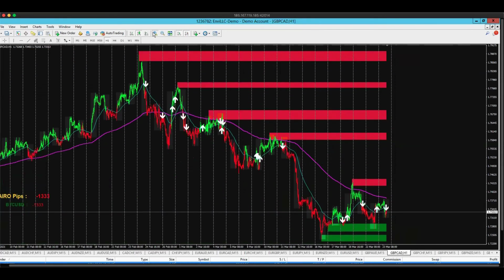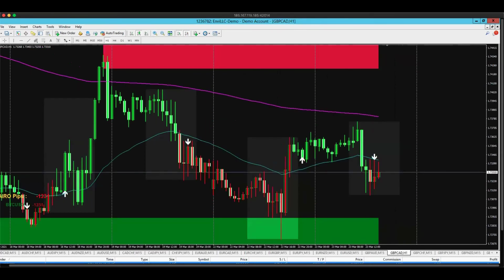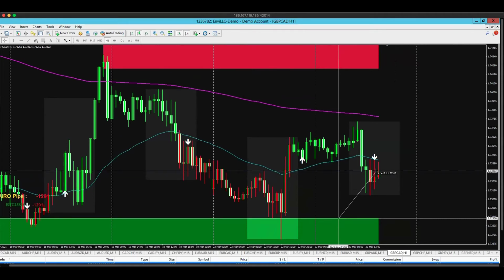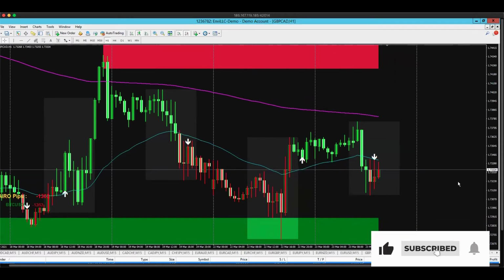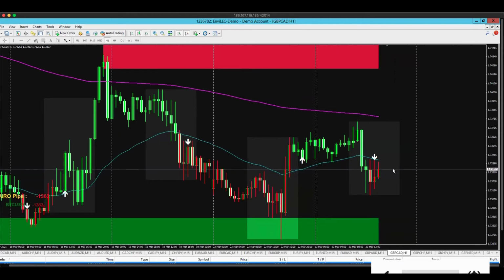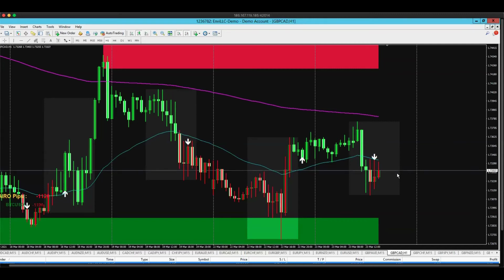Now you've got your zone down here, 1.729, and your price point is 1.73. So you've got like 40 pips anyway. If you wanted to take it as a non-traditional bag, I don't see an issue with it on the 1 hour.